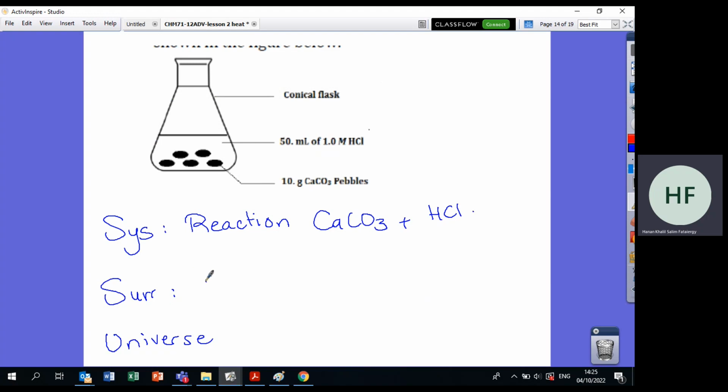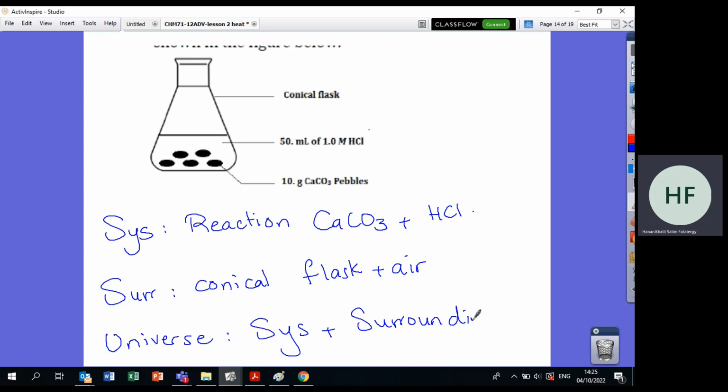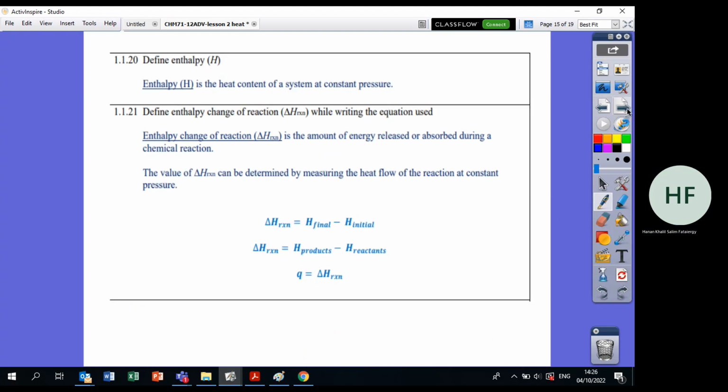Okay, all this is the surrounding: conical flask plus air. Now the universe is both of them, system plus surrounding, which is the CaCO3 and HCl and conical flask and air. So universe in chemistry is everything at the same time.